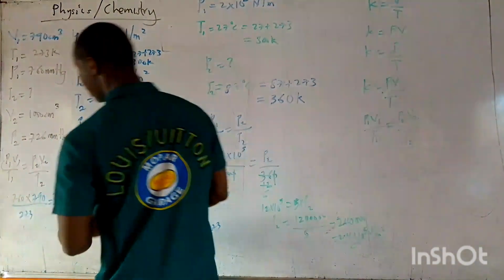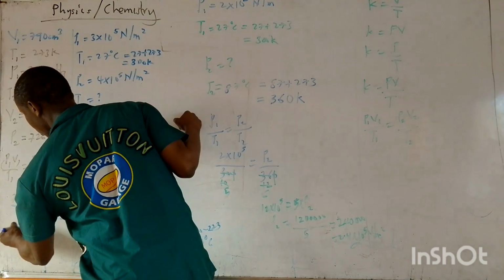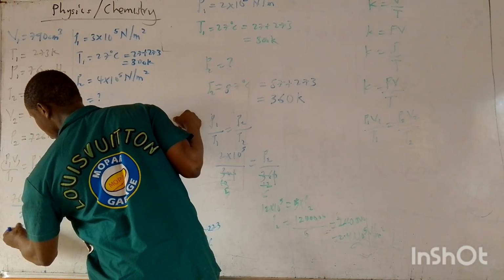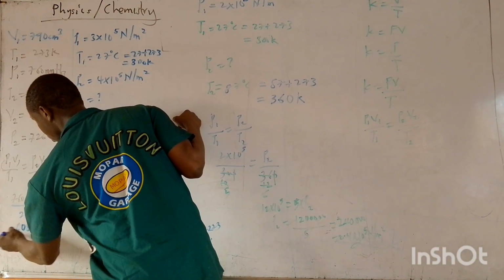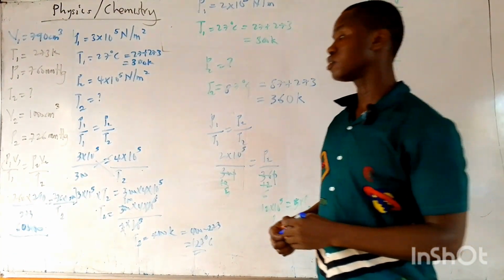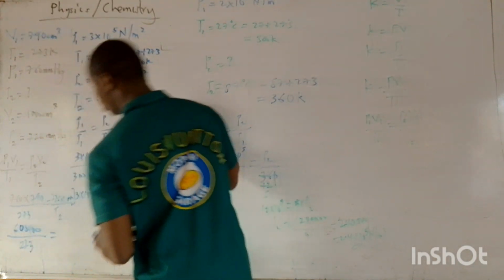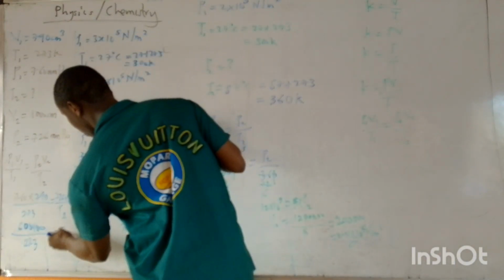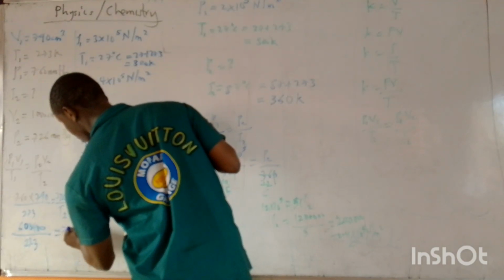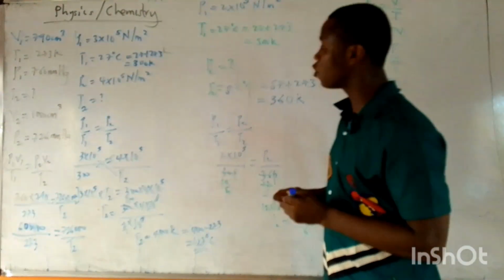That will give us something times 790 over 273, right? Is equal to 726000, right? Over T2. Are you following?